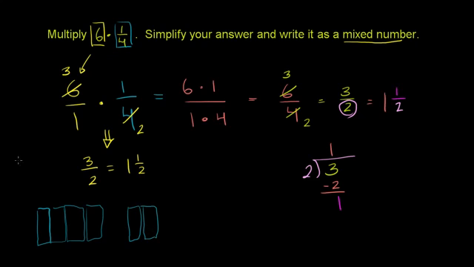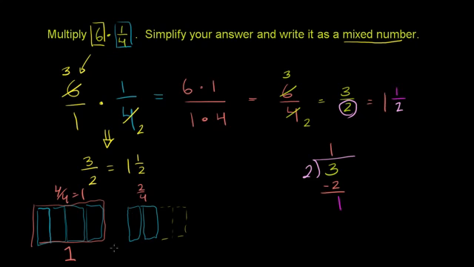This right here is 4/4, which is equal to 1. So this is equal to 1. And then this right here is 2/4, and you could imagine this is 2 out of a potential 4, since a whole has to have 4 of them.